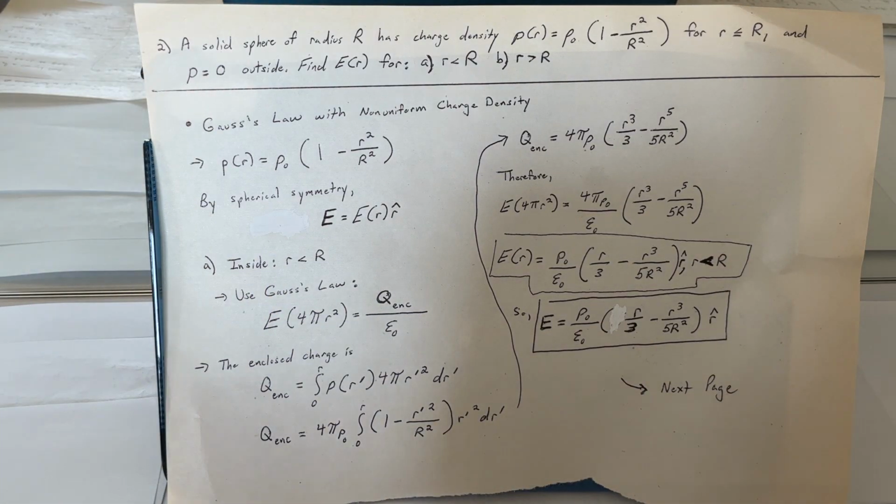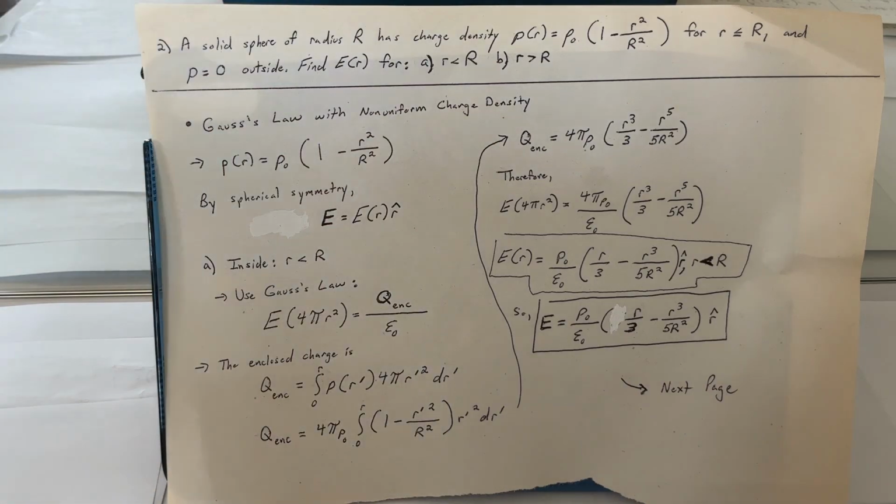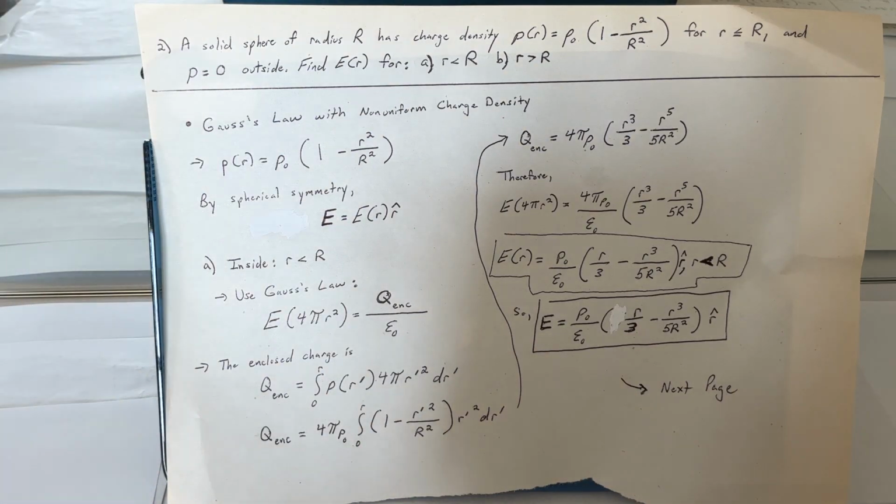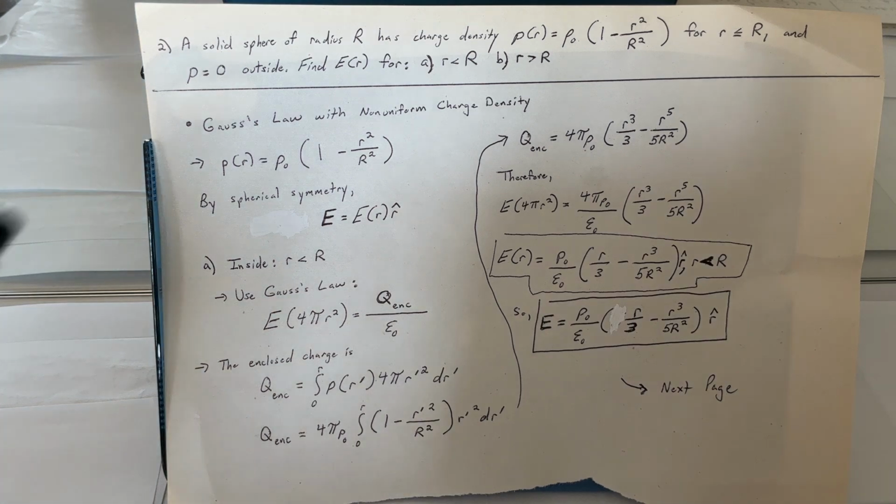We have a solid sphere of radius R with charge density rho of r equal to rho naught times 1 minus lowercase r squared over capital R squared, for lowercase r less than or equal to capital R. Remember, lowercase r is the radial distance from the center or origin, and capital R is a fixed radius, and rho equals 0 on the outside.